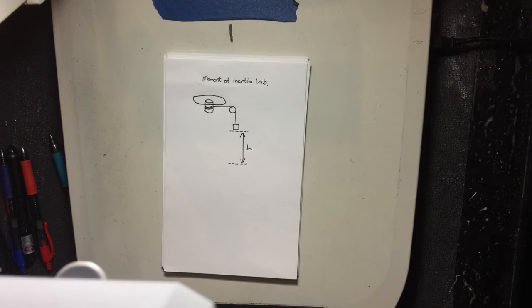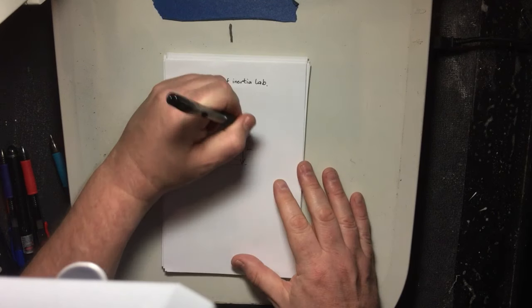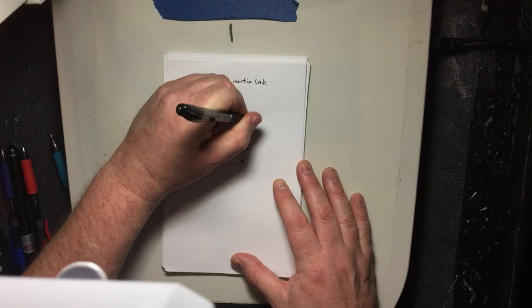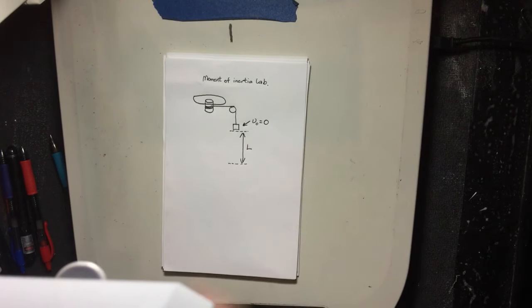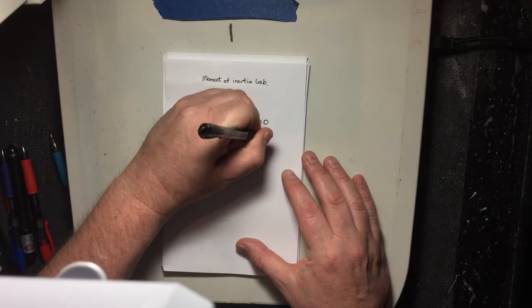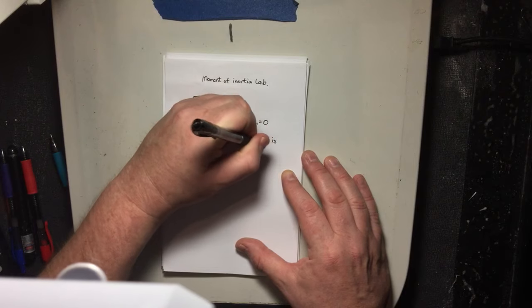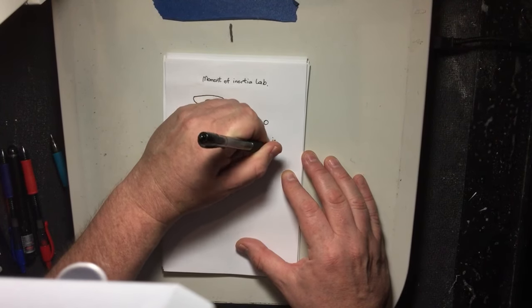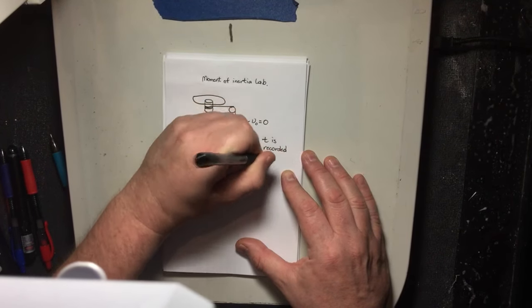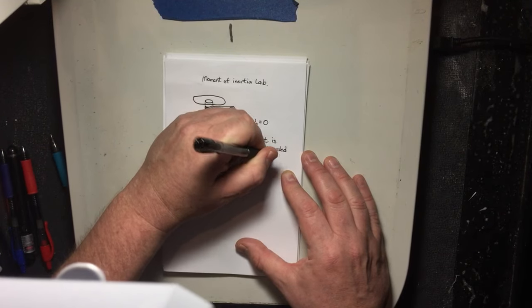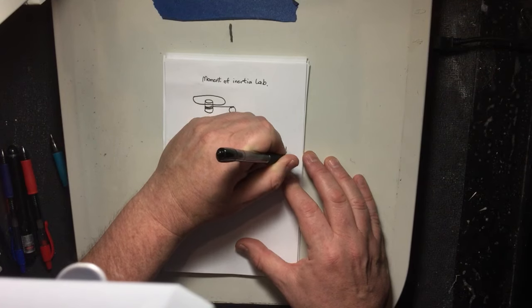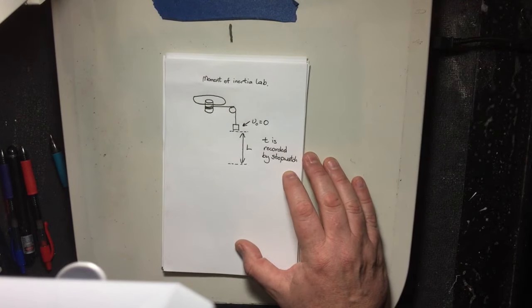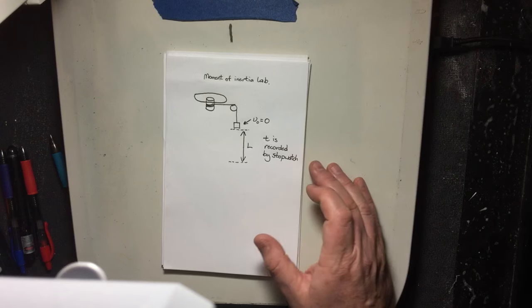But in terms of the lab experiment, the initial velocity of this thing is 0. And you let this thing fall a certain height, and you record the time t with the stopwatch.